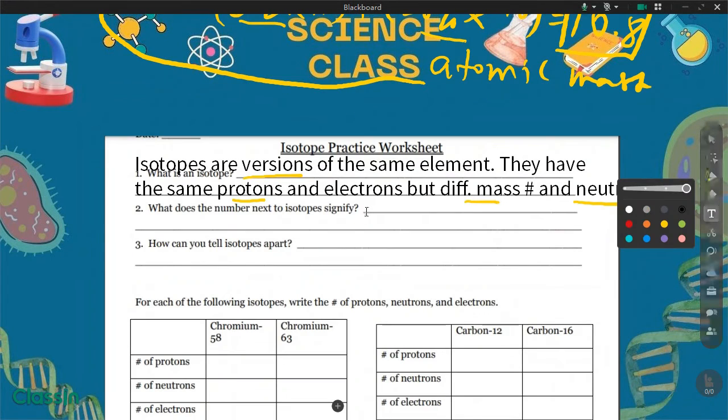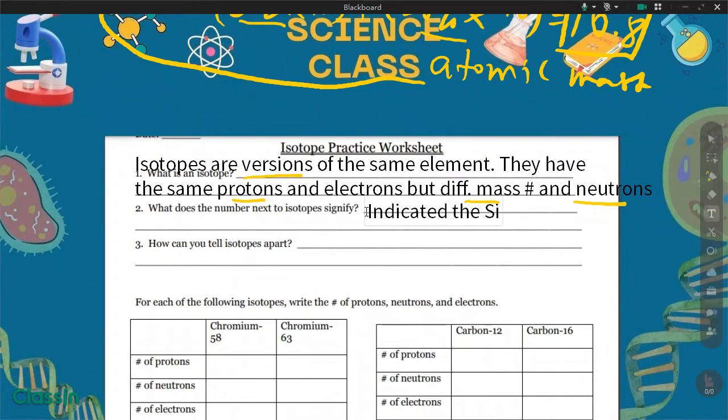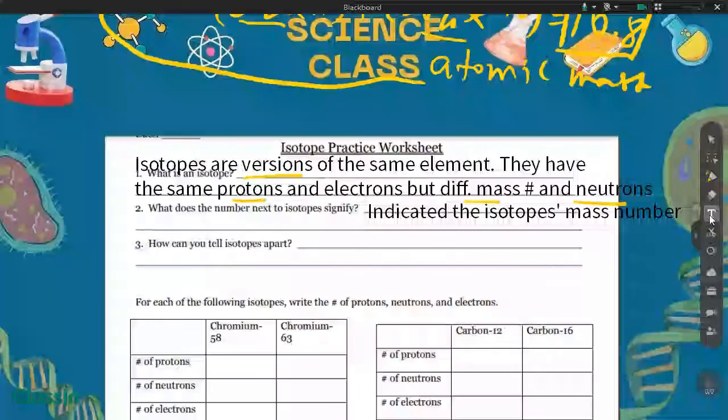So now, what does the number next to the isotopes signify? It indicates the isotope's mass number. Okay, so again, it will signify the mass number.